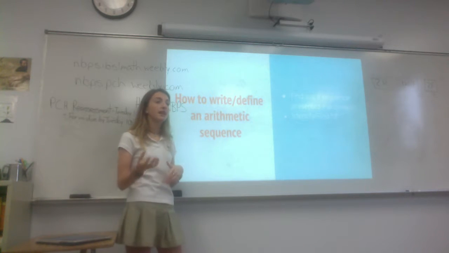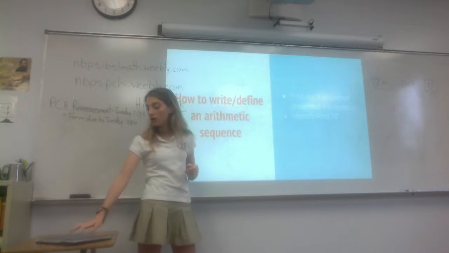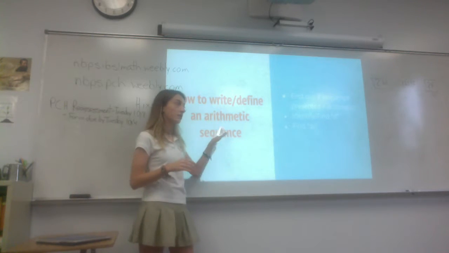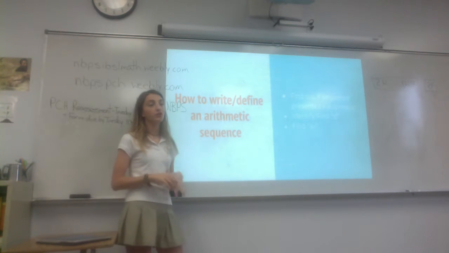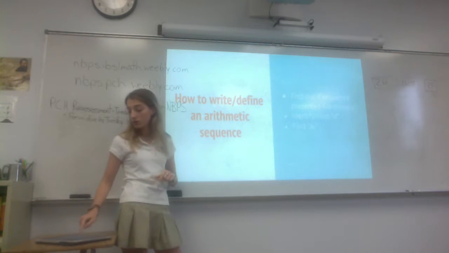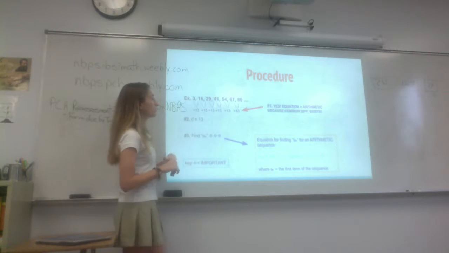Then you have to identify what that common difference is. And after you've done that, you go into what a sub n is, and the formula will be later on in the presentation. But those are the three key steps to be able to define an arithmetic sequence. So I have an example here to demonstrate the procedure.